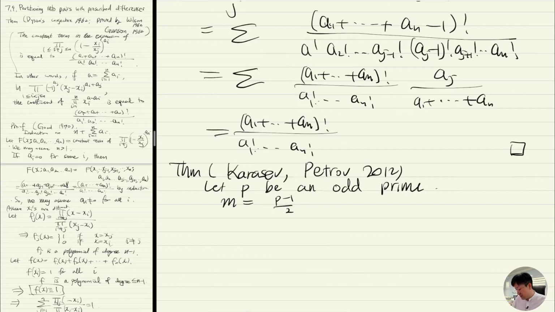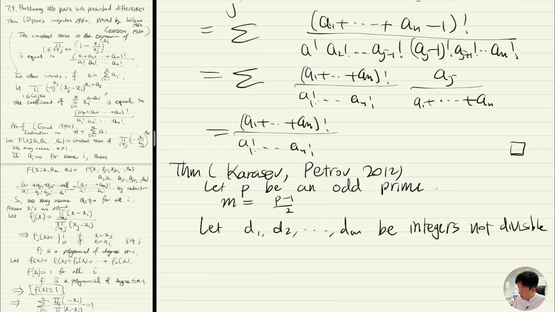Let m be p minus 1 over 2, and let d1, d2, up to dm be integers not divisible by p.